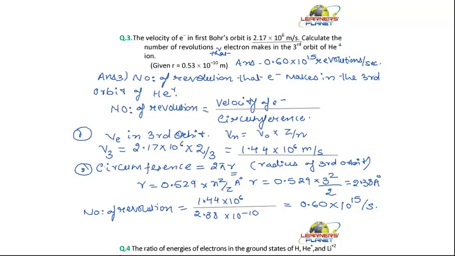So this is the way how we need to calculate. So students, these all questions are actually simple. You just need to put the things in place. First of all, what you need to calculate is the first question. The second thing is, go for what all other things are given. The third, relate the formulas.